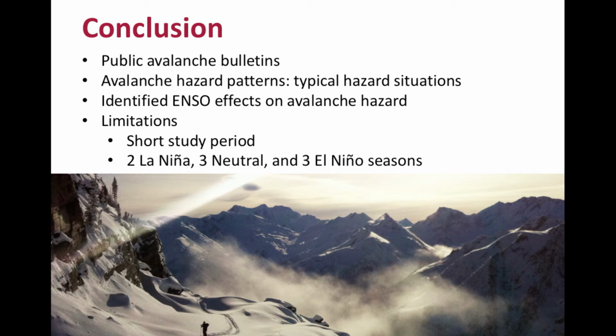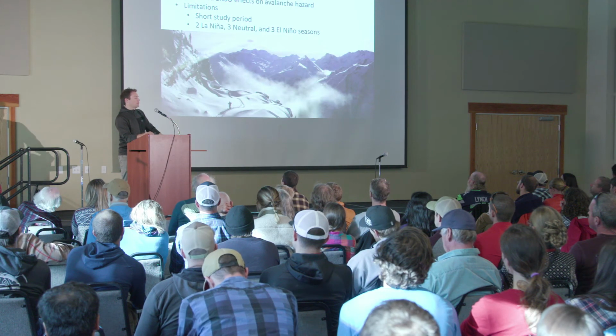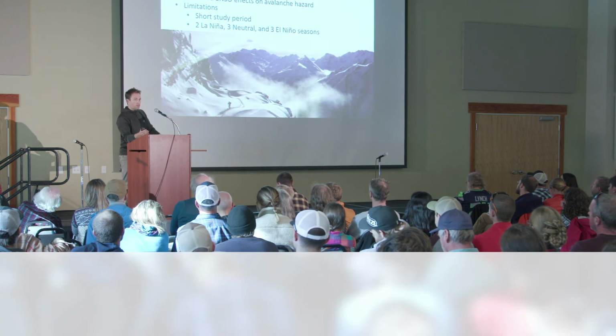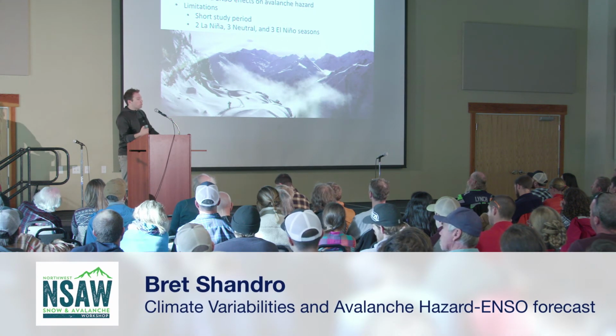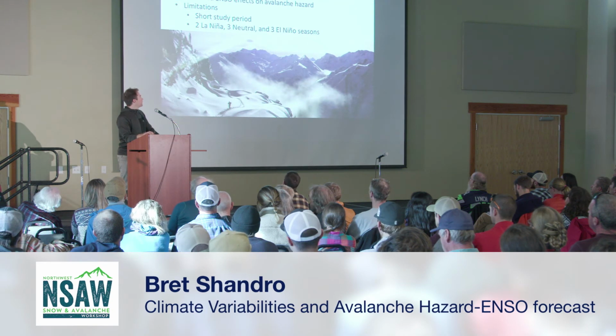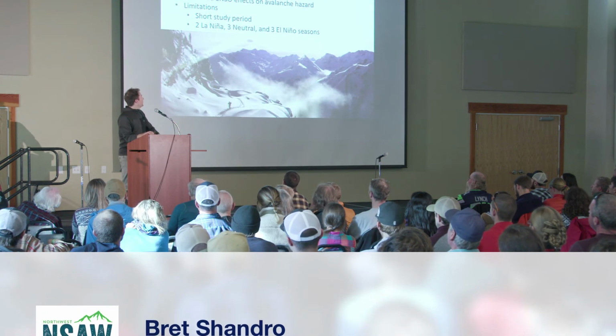Just to recap, the data I was looking at was coming from the public avalanche bulletins. I sifted through them looking for patterns, and throughout the presentation I was referring to those patterns as the typical hazard situations. I talked about some of the effects that ENSO has on avalanche hazard, and made a bit of a loose prediction on this upcoming season.